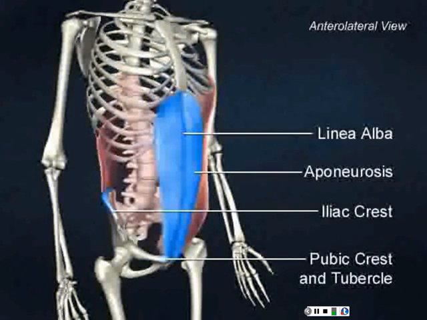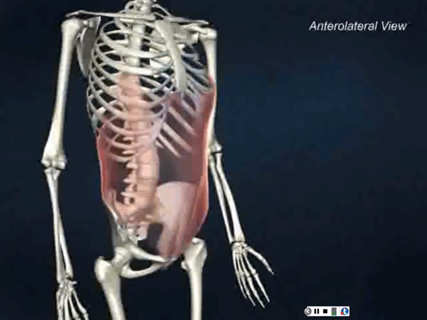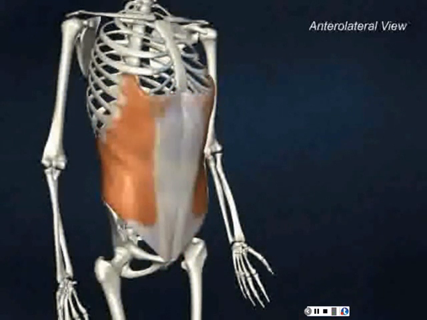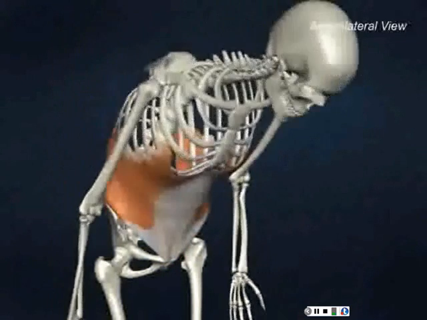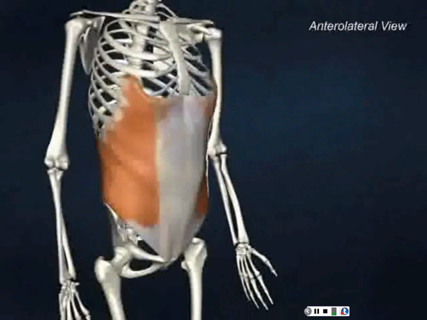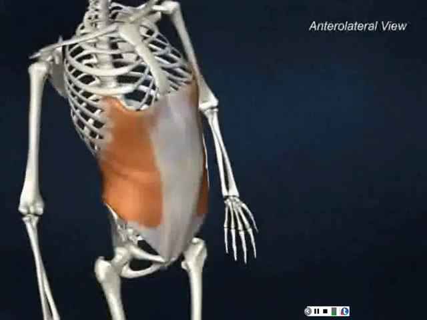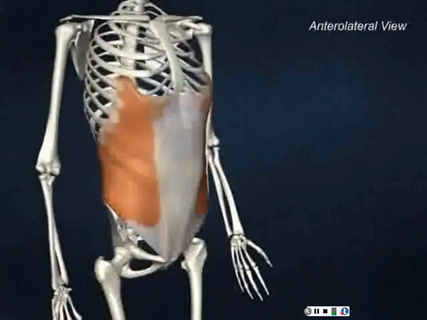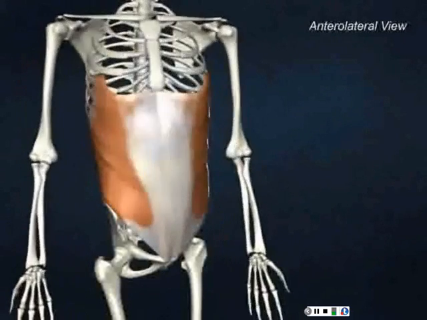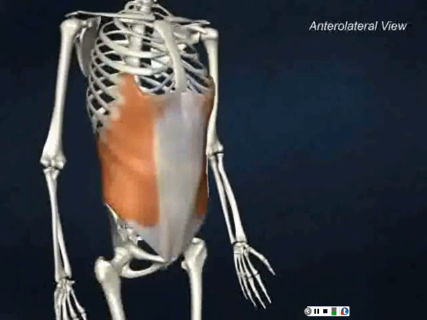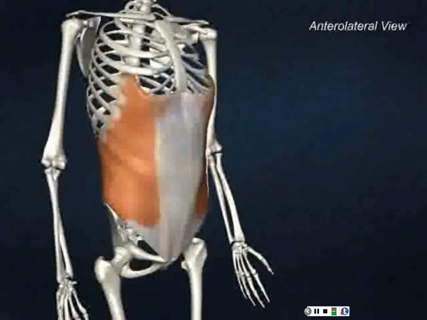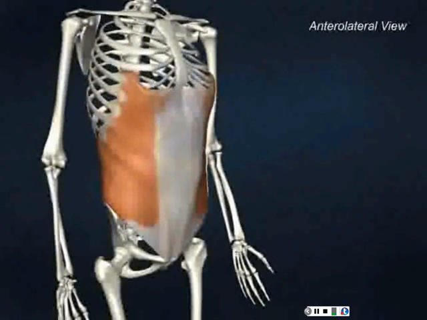Acting bilaterally, the external obliques support and compress the abdomen and flex the vertebral column anteriorly. Acting unilaterally, the external oblique laterally flexes and rotates the vertebral column to the opposite side. Due to the compressive effect on the abdomen, the external obliques raise intra-abdominal pressure and assist in forced expiration.